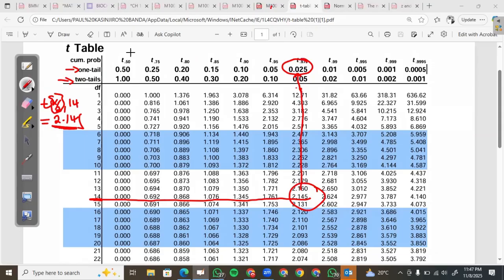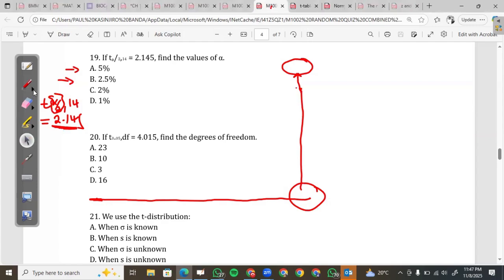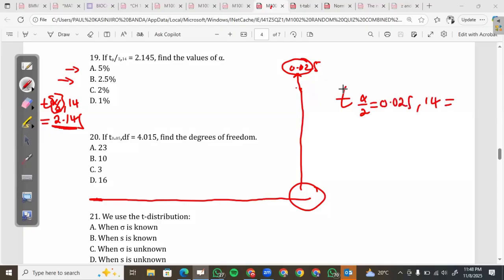So whatever was here where there's alpha over 2 is this 0.025. Let's go back to here. What was here was 0.025. So t alpha over 2 is actually equal to 0.025, and comma 14 is the one that gives us the 2.145.